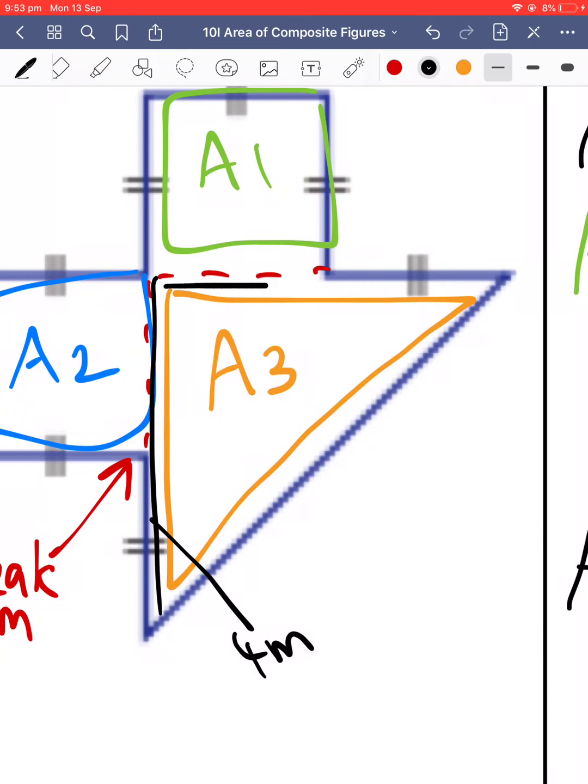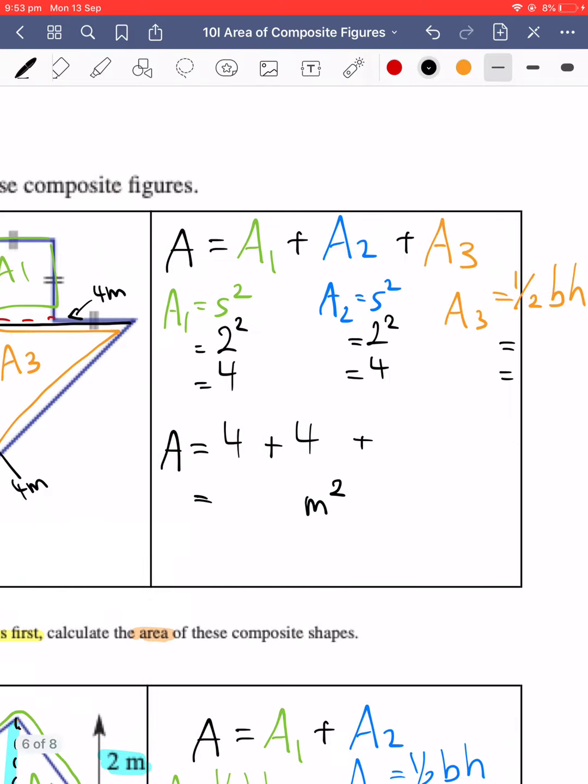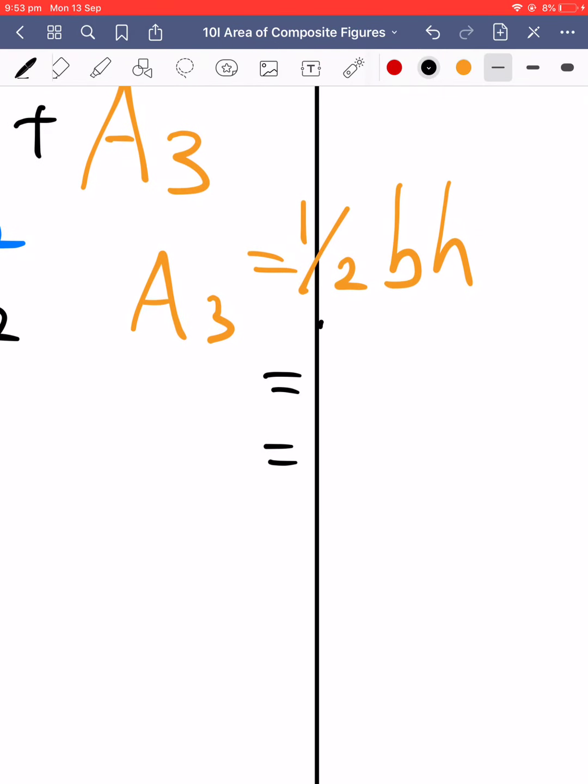And this one here is going to be, again, 2 plus another 2. So that one is also going to be 4 meters. So now I have my base and I have my height. Let's substitute it in. So half multiplied by 4 multiplied by 4, which gives me my answer of 8.